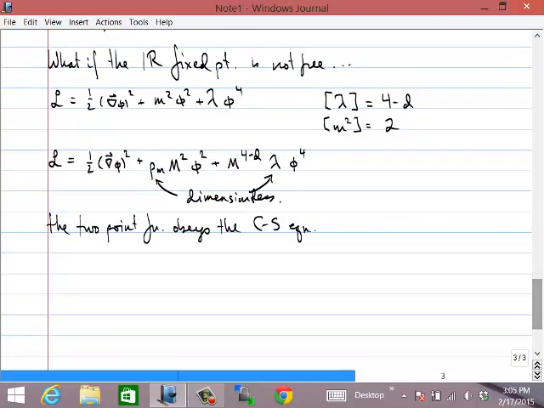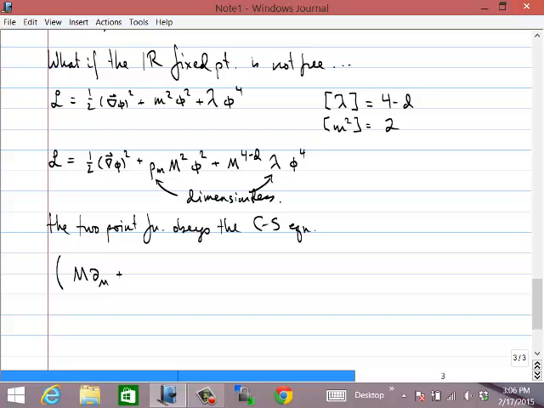Let me just remind you what that was. The Callan-Symanzik equation tells you that as you vary the renormalization scale, the energy scale at which we're defining our couplings, the Green's function is not invariant, but it transforms.